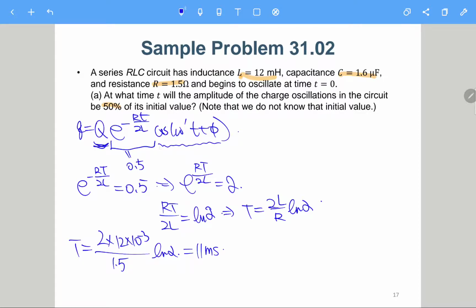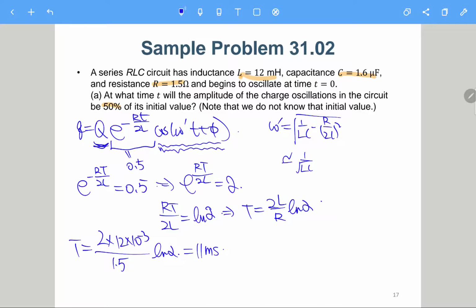You may also ask why we can just ignore this cosine, but actually we can just have a quick check. Omega prime is nothing but the square root of 1 over LC minus (R over 2L) squared. And it will be approximately, of course it will be slightly less than this term, but we can just take an approximation.